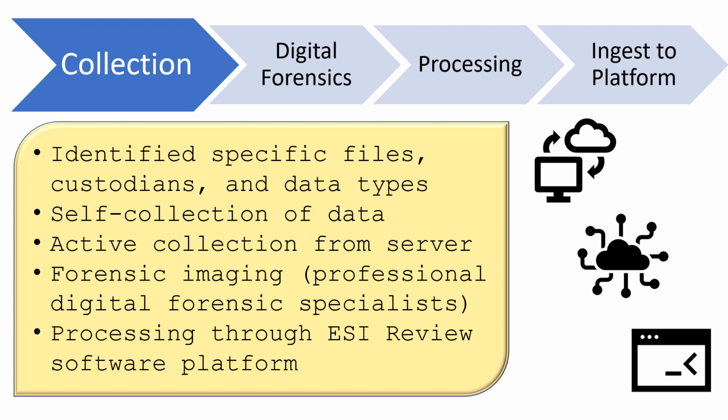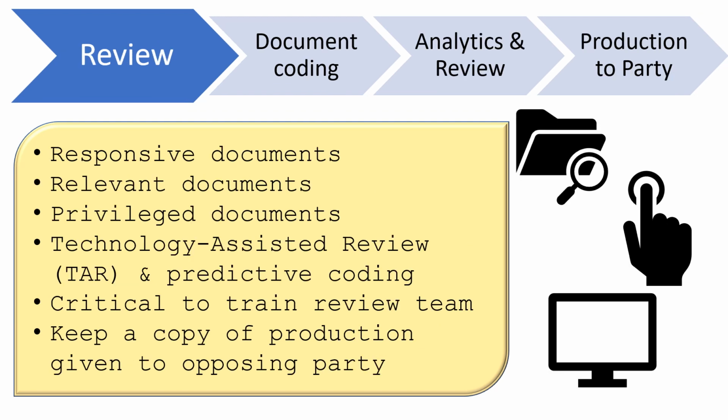Collections are what specific files, locations, custodians, and data types are you needing? Are you doing self-collection of data? Are you doing active collection? Are you doing forensic imaging where we're bringing in digital forensic specialists? And then, of course, you have to process them through some form of review platform. And then, of course, review itself.